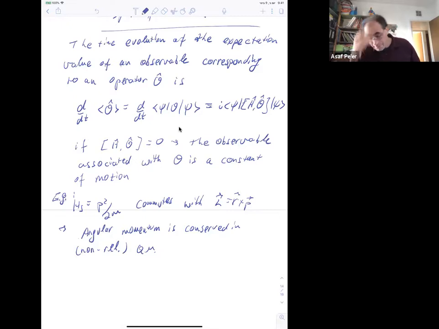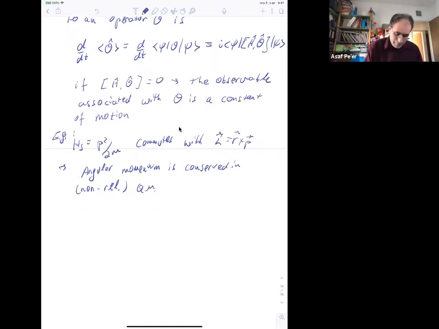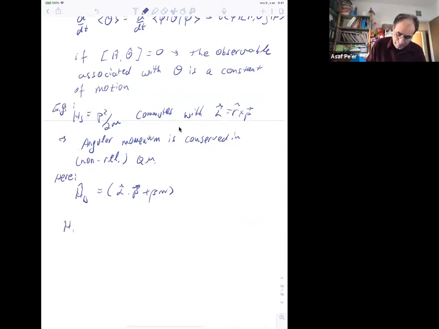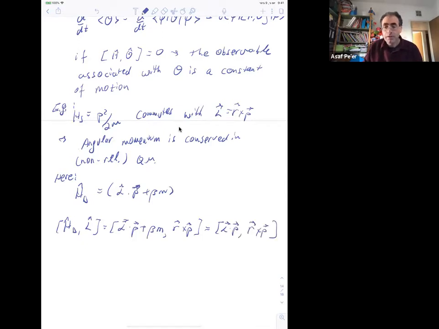Now we have the Hamiltonian of Dirac. Right, now we are relativistic. So Dirac's Hamiltonian, H Dirac, is alpha dot P plus beta M. Now, does this Hamiltonian commute with the angular momentum? Do these commute? Do R and P commute?